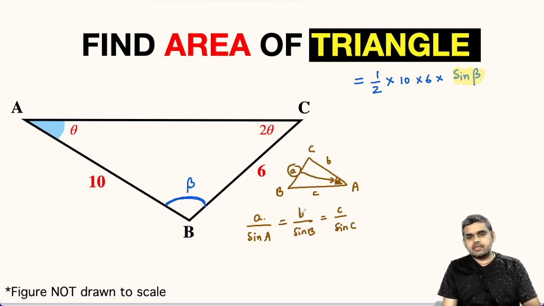So a upon sine A equals b upon sine B equal to c upon sine C.